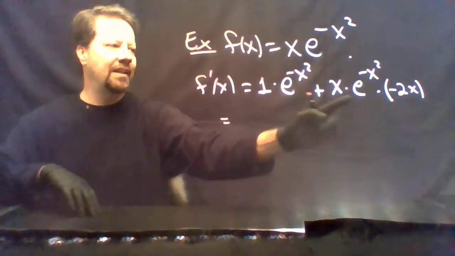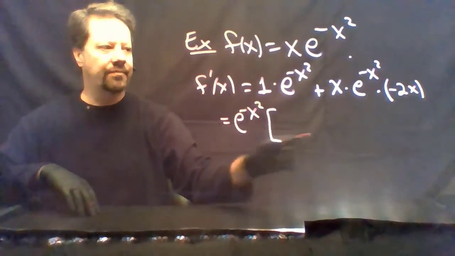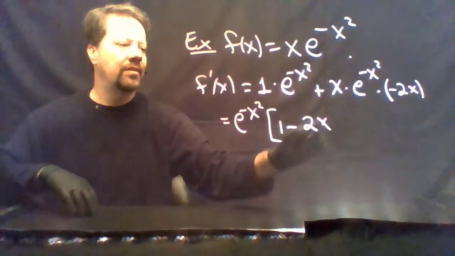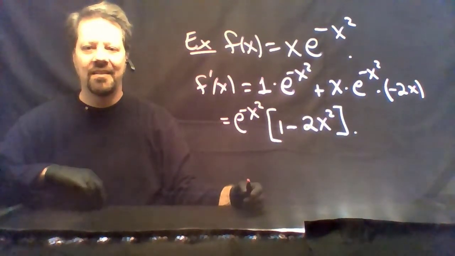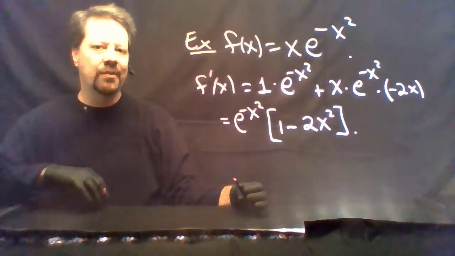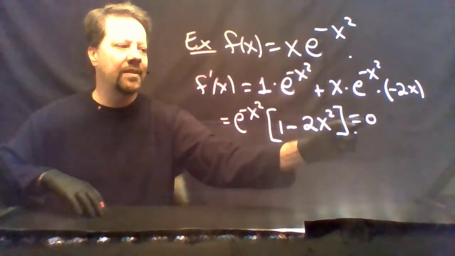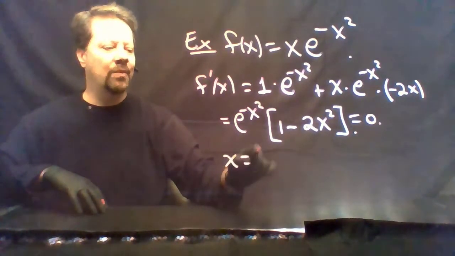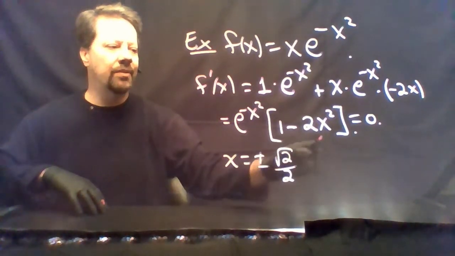We can factor an e to the negative x squared out, yielding 1 minus 2x squared. The only sorts of critical points that we can get are those where the derivative equals 0. So we'll set the derivative equal to 0 and get x equals plus or minus the square root of 2 over 2.